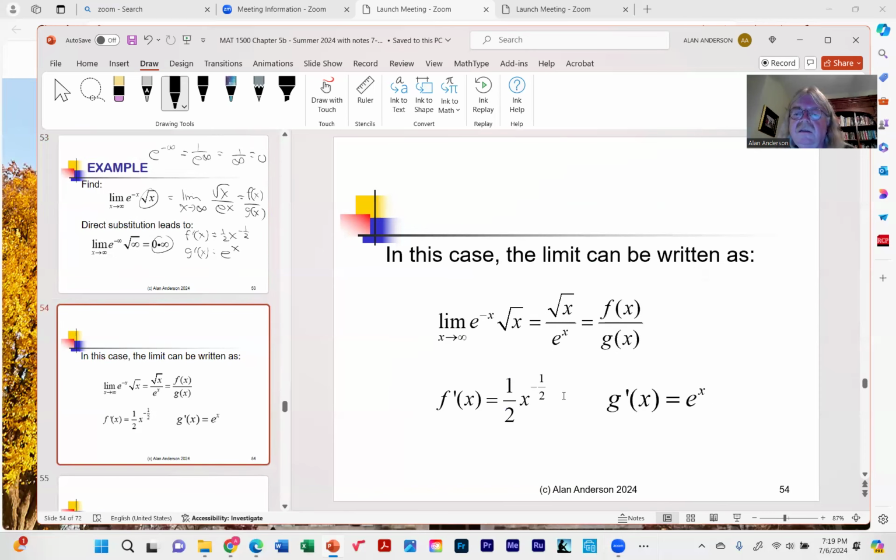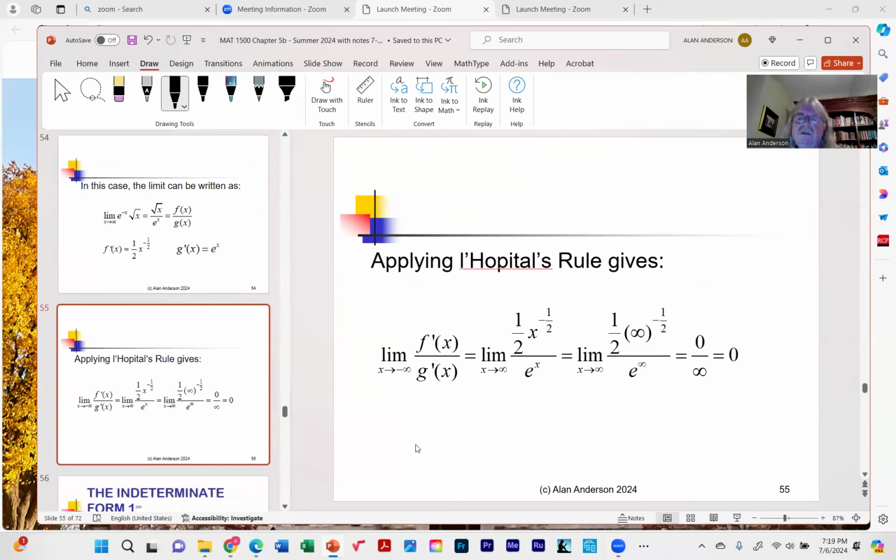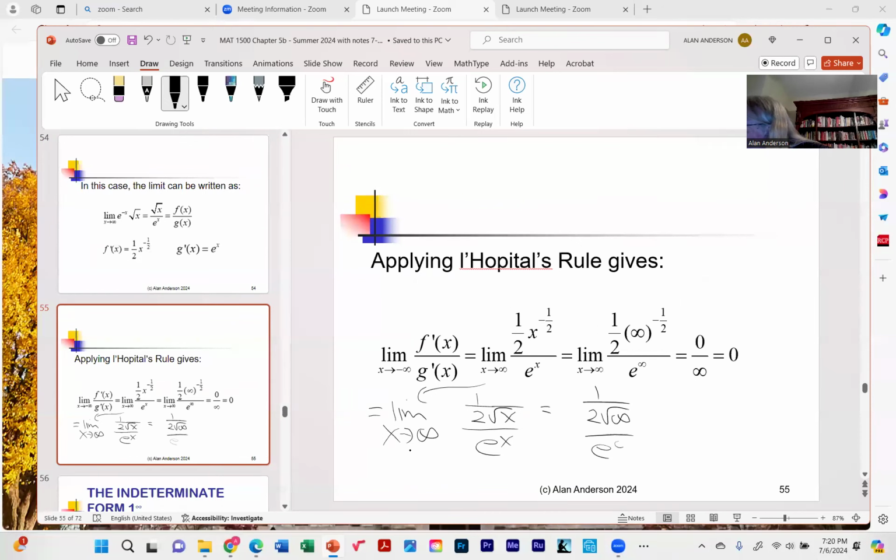Now keep in mind, this numerator could be written as 1 over 2 radical x. So we're going to end up with 1 over 2 times radical infinity. Okay, so we're going to have 0 over infinity, which leads us to 0.